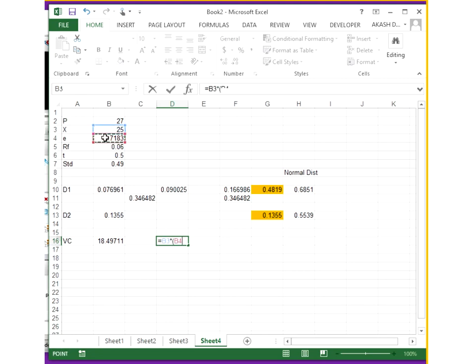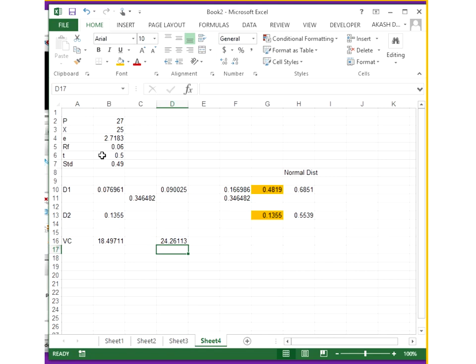So this is going to be X, which is 25, multiplied with E. E is this 2.7183 raised to the power minus the risk-free rate times T, which is 24.61, and that multiplied with the normal distribution of B2.